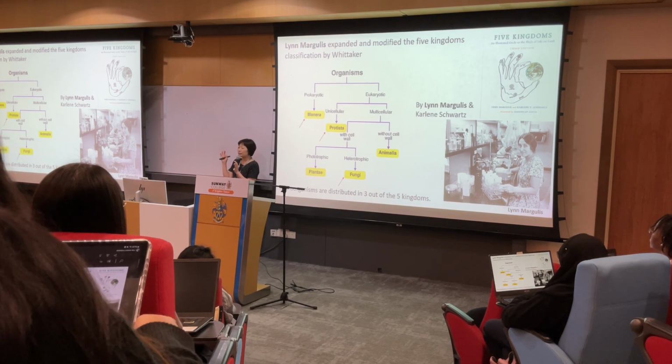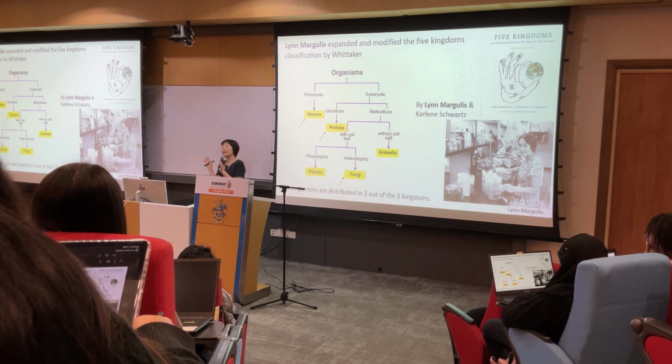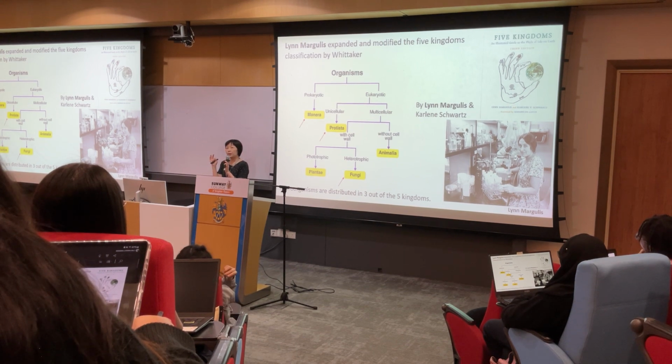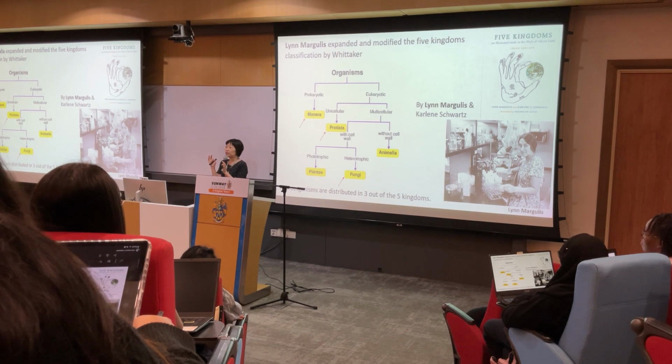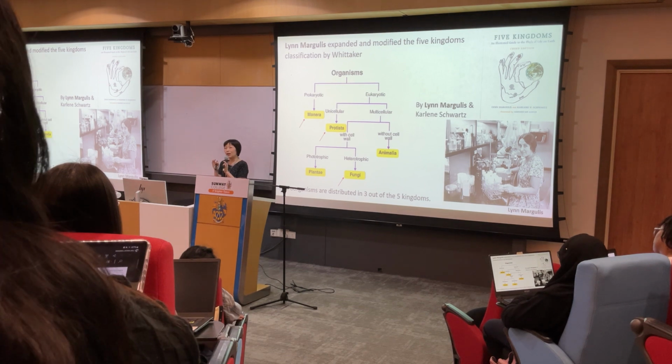But at her time, very old, she has actually passed away already, no one accepted it. She submitted her paper regarding endosymbiosis to at least more than 10 journals, and no one accepted her paper because they didn't think this was possible, an organism living in another organism.